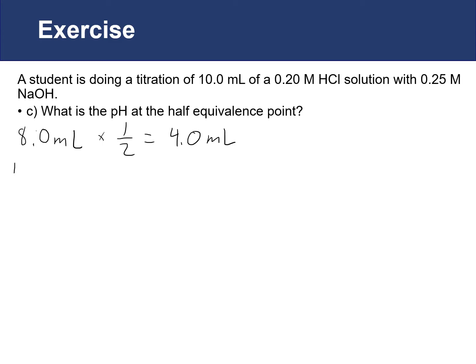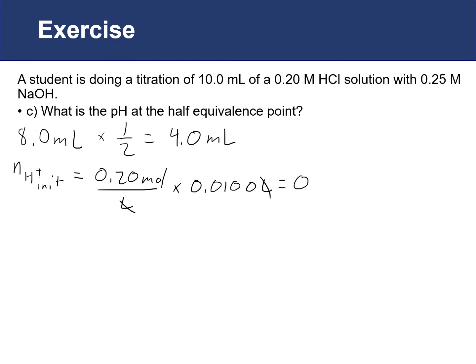The initial number of moles of original acid was equal to 0.20 moles per liter times our 10 mL. So this would be 0.0020 moles of H plus.